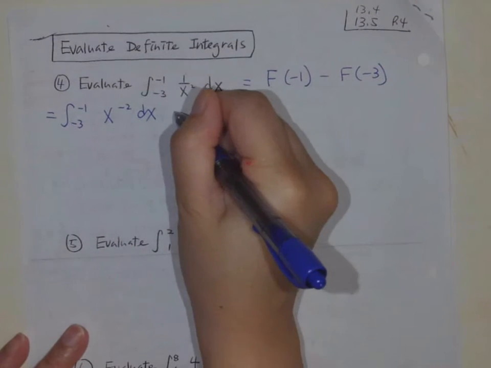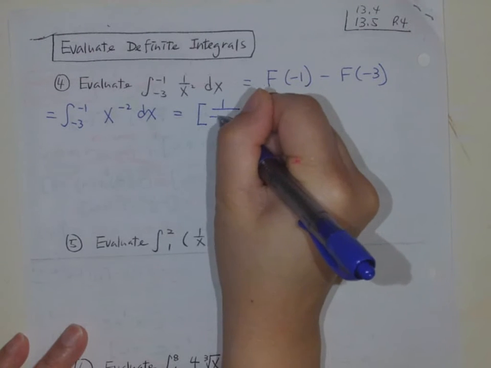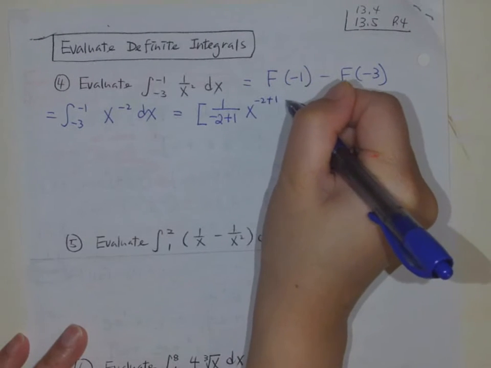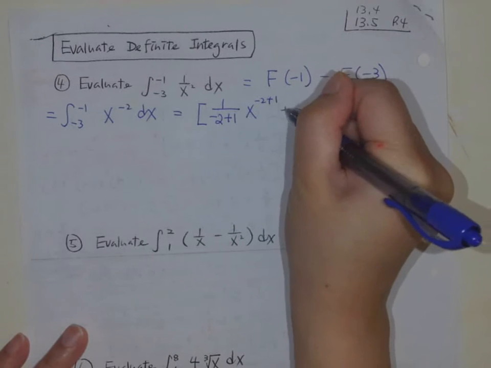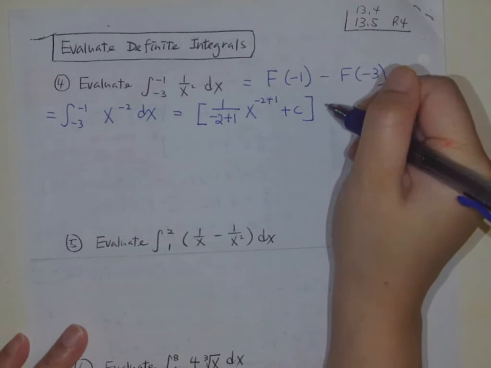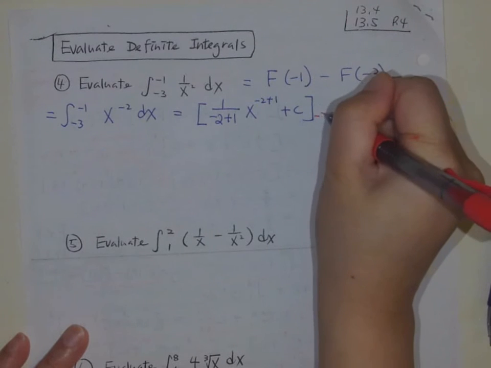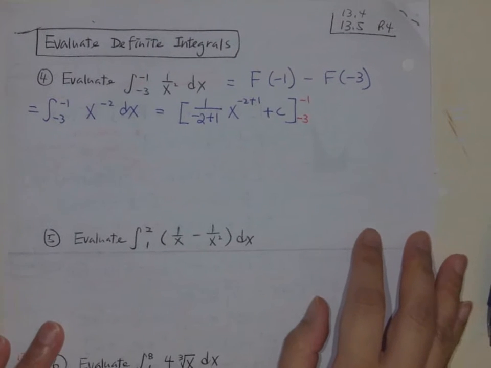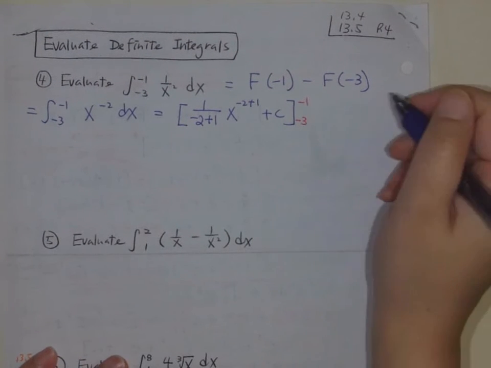Now we can take the integral. This would be 1 over -2 plus 1 times x to the -2 plus 1. If you want to, you can add c, but after a while, hopefully you know that doesn't matter. After taking the integral, I'm going to put -3 and -1 here. That's the proper notation, and when you turn in your work, I would expect to see proper notation like that.